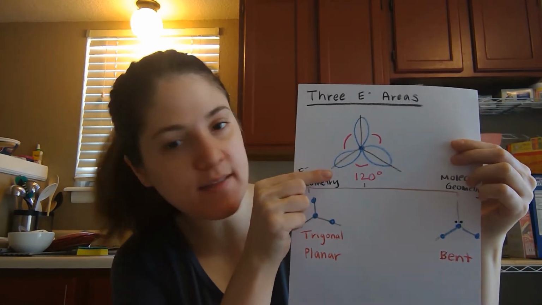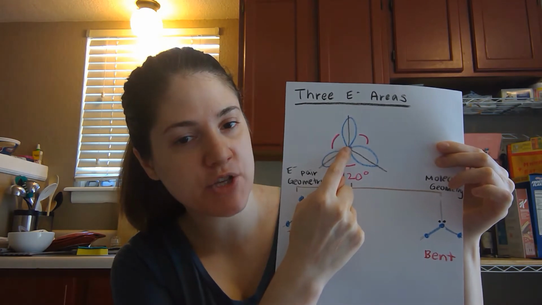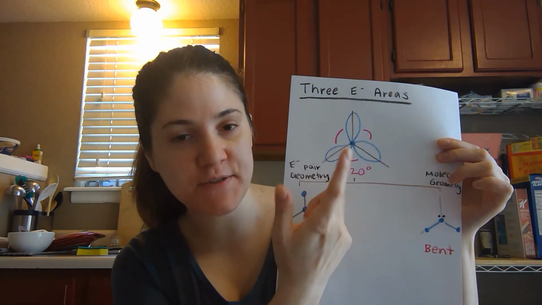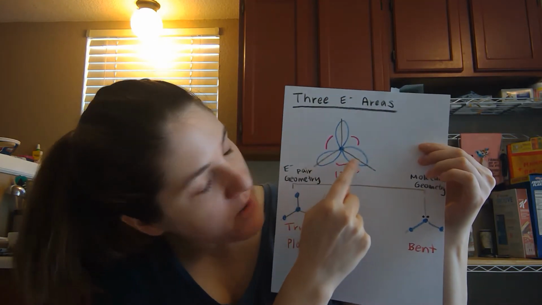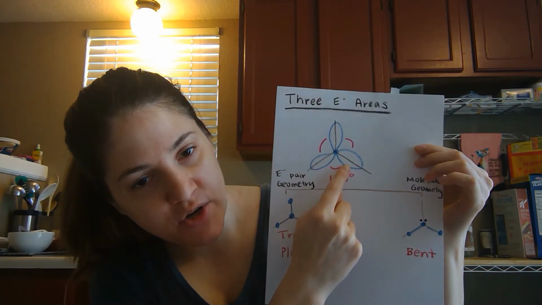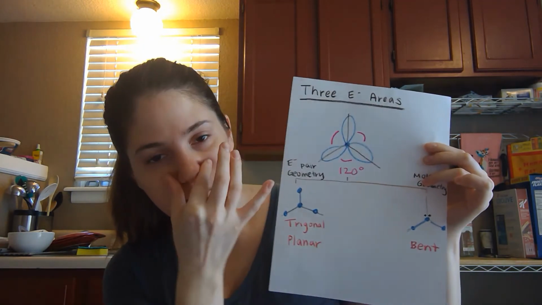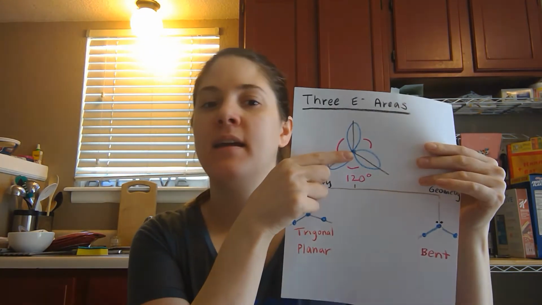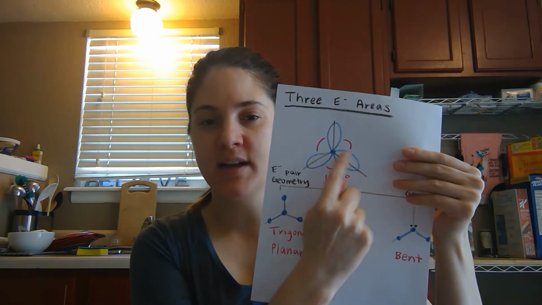Building from there, we then move on to something that has three electron areas. With those three electron areas, they're going to arrange themselves around that central atom, again, as far apart as possible. And that would lead to those bonds being about 120 degrees apart. And it's a flat molecule. So it's arranged in the plane of this sheet of paper, and it's kind of like a triangle.